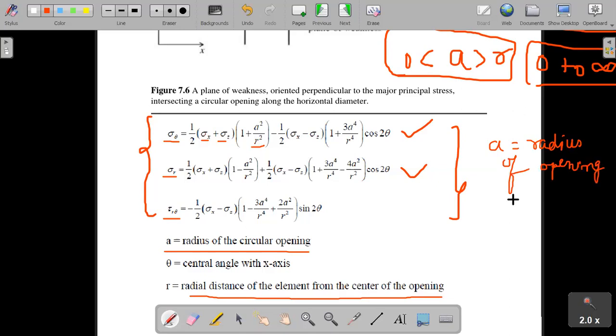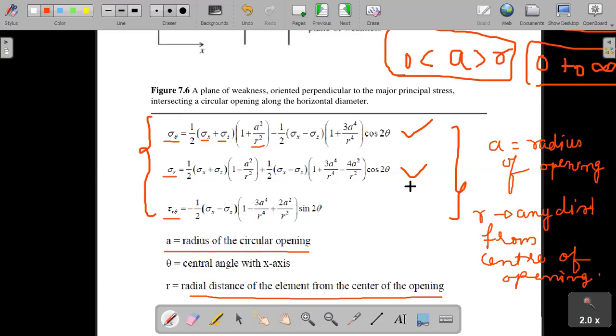A is the radius of opening, R is any distance from center of opening. ठीक है? After solving 4-5 questions, it will be very easy to remember.